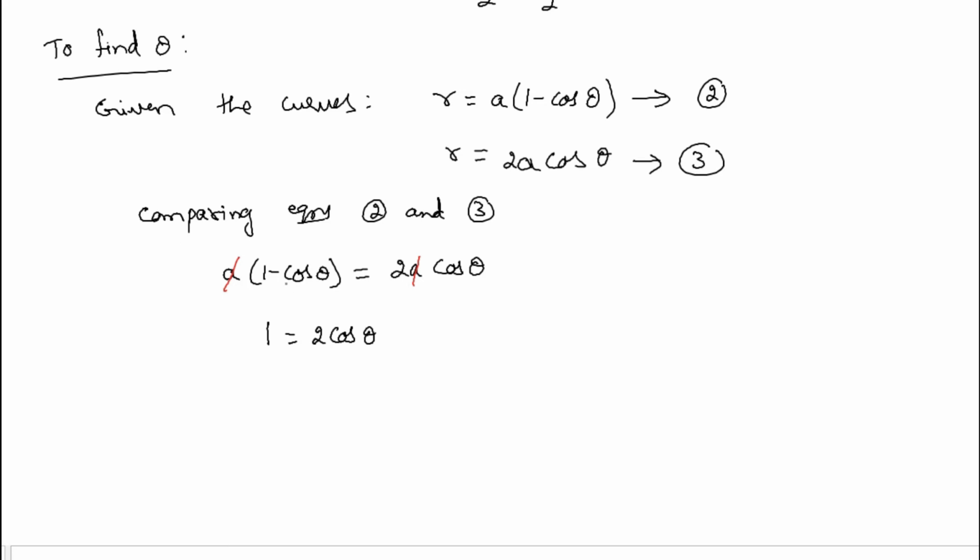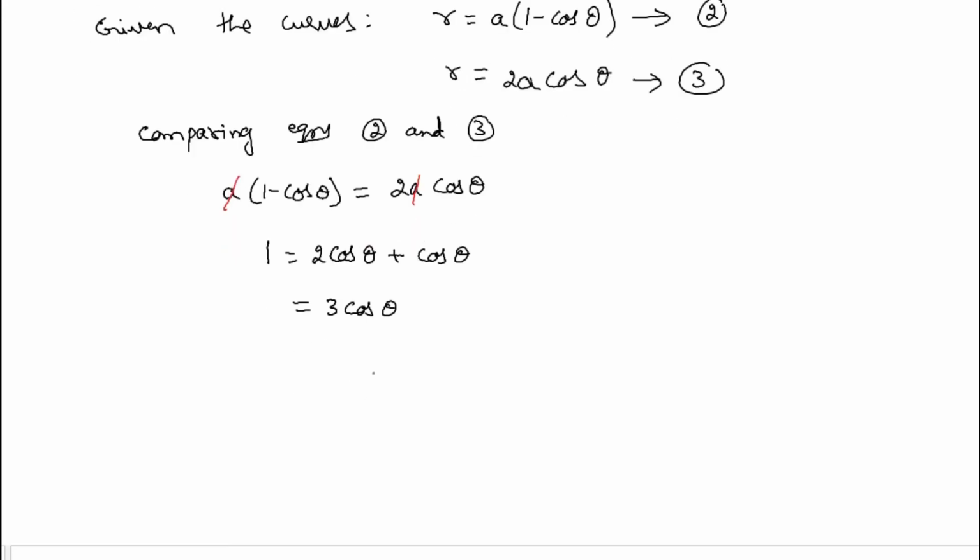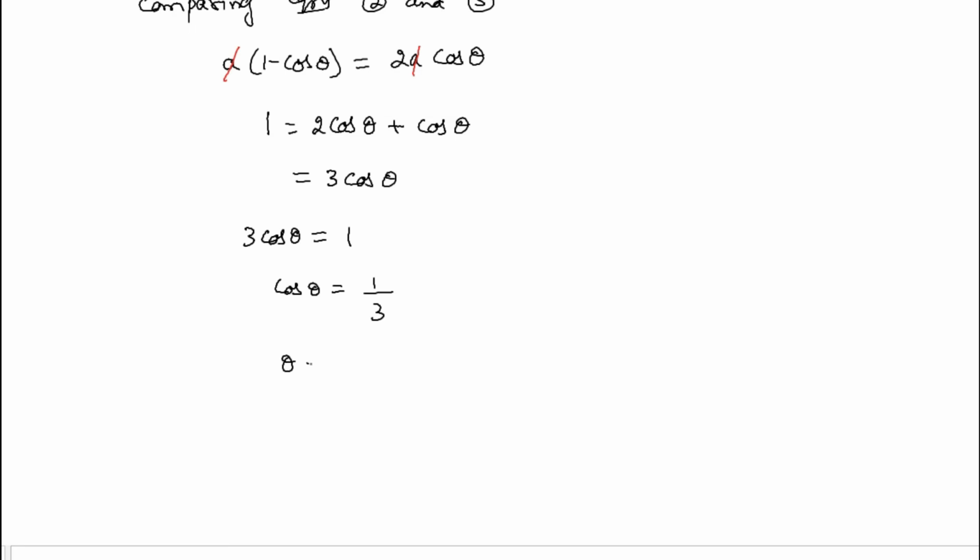This minus cos theta on the left hand side, I'll send to the right hand side and it becomes plus cos theta. So we have 2 plus 1, which is 3, so 3 times cos theta. If I rewrite this, 3 cos theta will be equal to 1. Or cos theta will be equal to 1 by 3. Or theta will be equal to cos inverse of 1 by 3. So that's the value of theta.